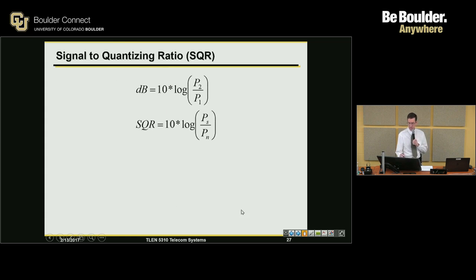We've seen this equation before, right? This is our power equation for dB with the quantizing noise. It's the same equation, except now it's called the signal to quantizing noise ratio, SQR. Same equation, but now we've got the signal power divided by the noise power.